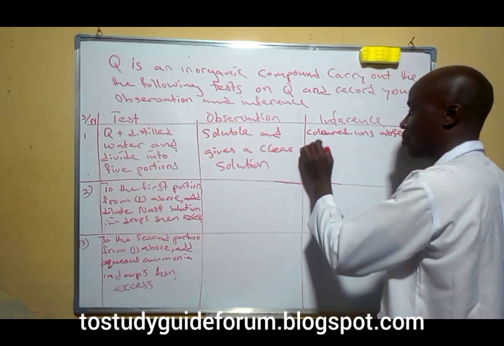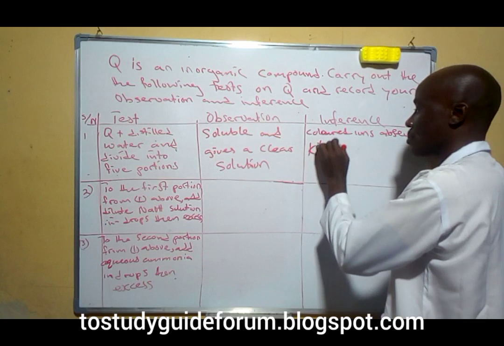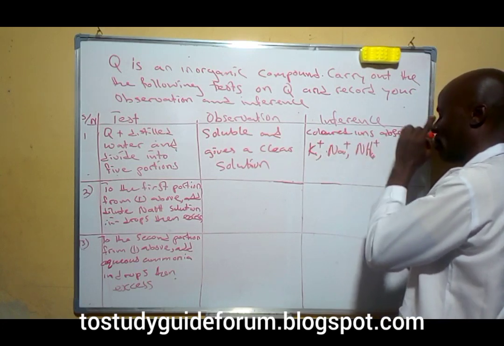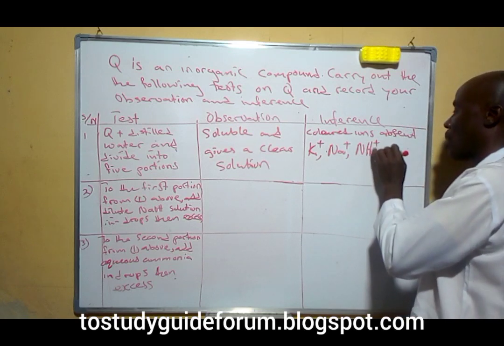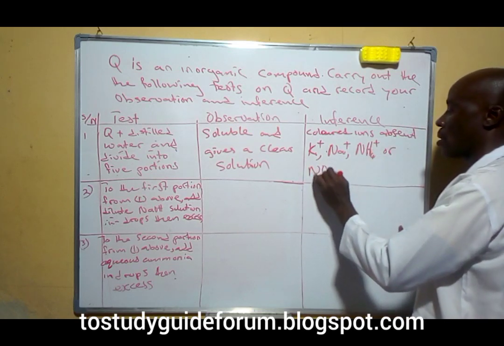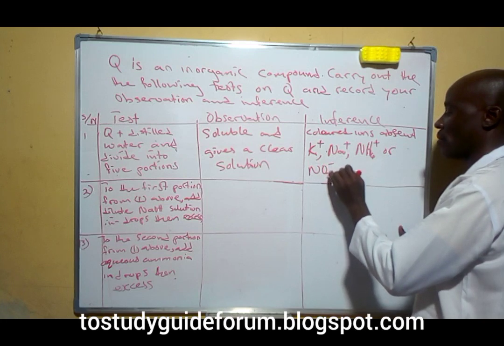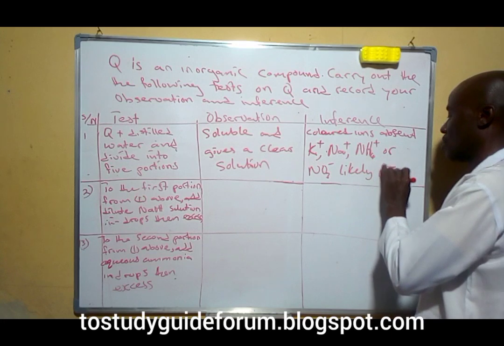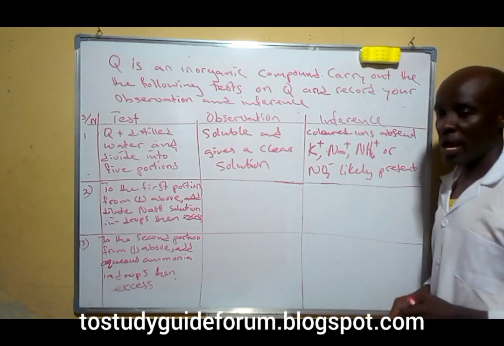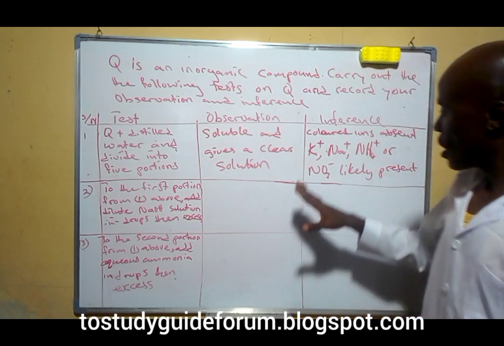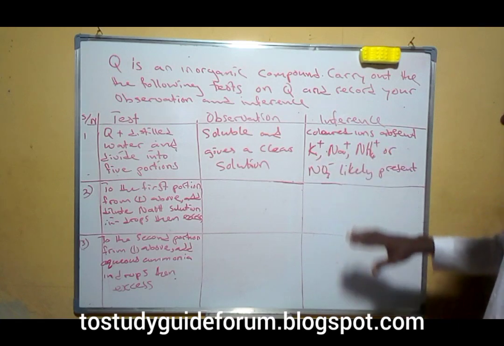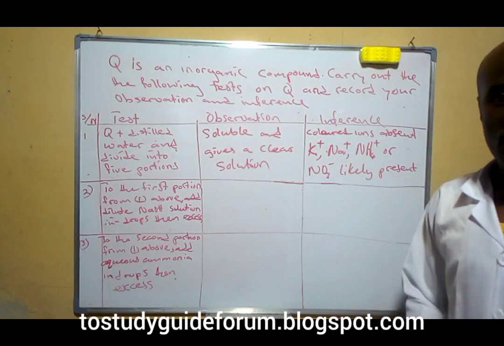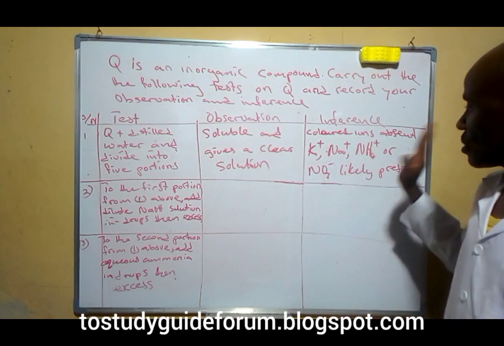We know that the potassium ion, sodium ion, ammonium ion, or nitrate(V) ion are likely present. Why is it so? These are the ions whose salts are always soluble in every instance.